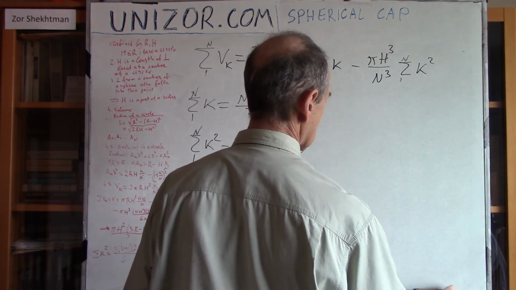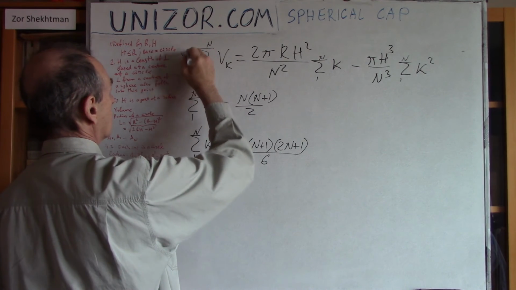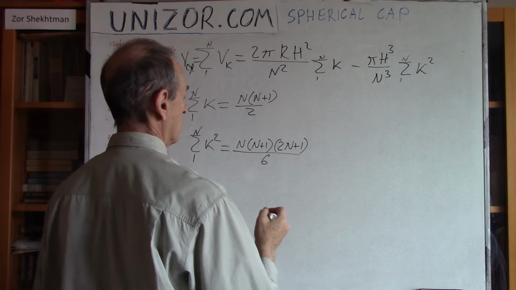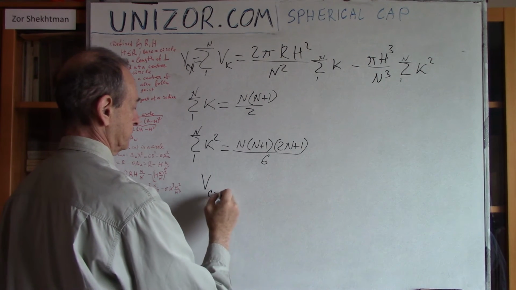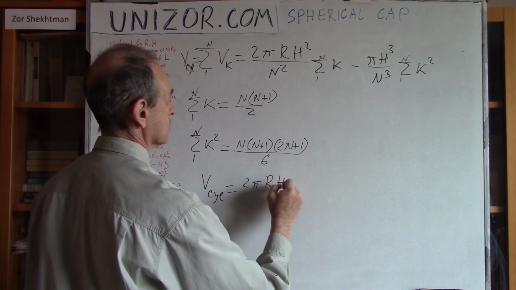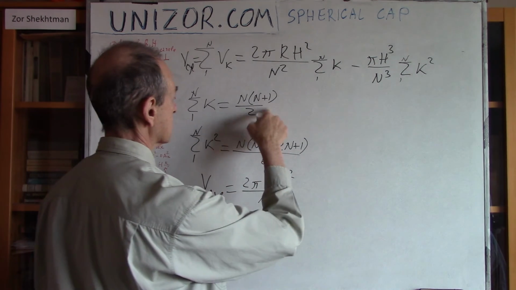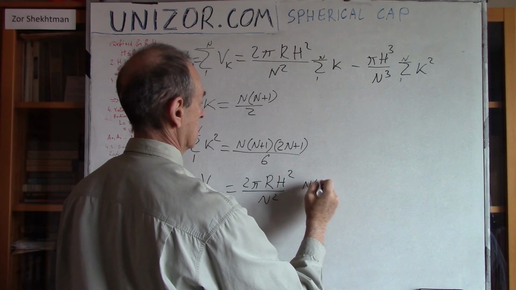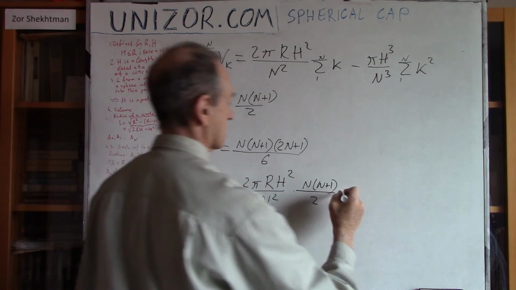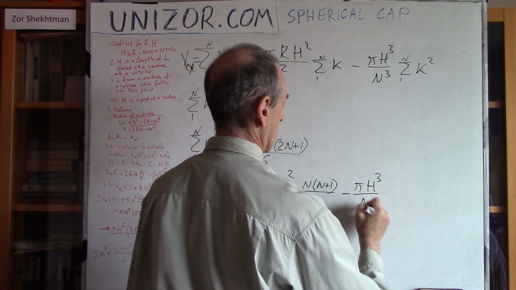And I will substitute these two values here and here. And that would be my total volume of the cylinders. Alright, so the volume of the cylinders equals 2 pi r h square divided by n square times n times n plus 1 divided by 2, minus pi h cube divided by n cube.